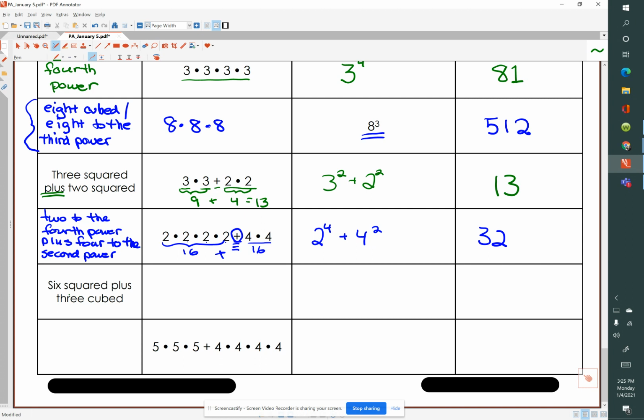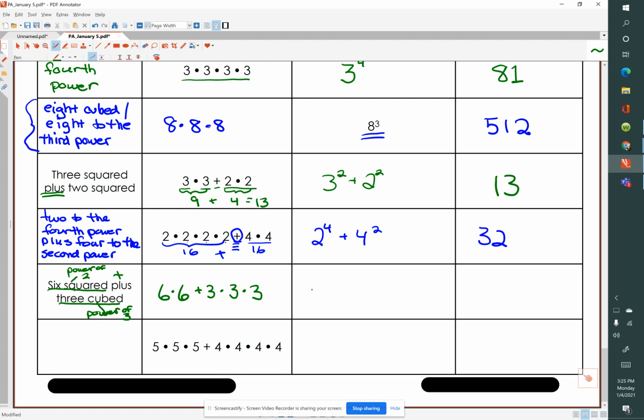Okay, the next one is 6 squared plus 3 cubed. And remember, squared is a power of 2. And 3 cubed is a power of 3. So 6 squared would be 6 times 6 plus 3 cubed, which would be 3 times 3 times 3.